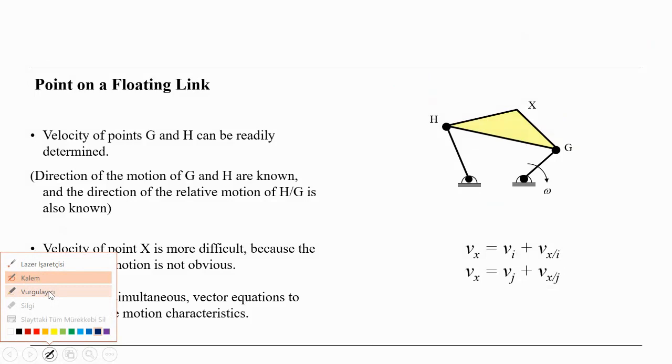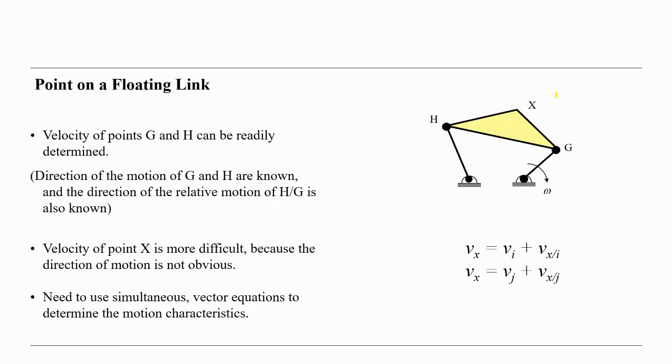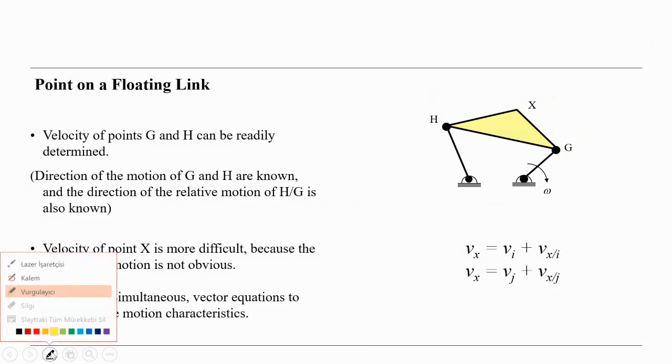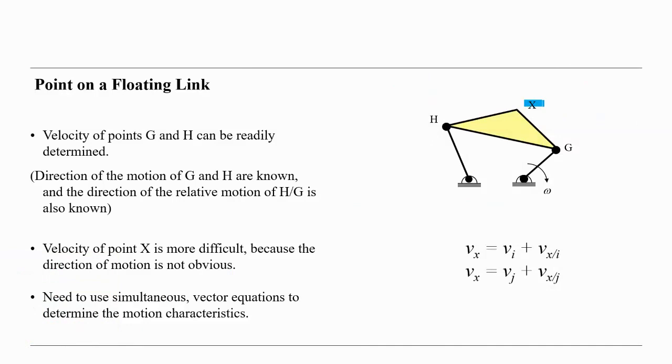We are interested in calculating the speed of any point on the coupler, X. So the Vx we can write with this general formulation: Vx is equal to Vi plus Vxi, or for another point J, Vx equals Vj plus Vxj, so X about the point J.